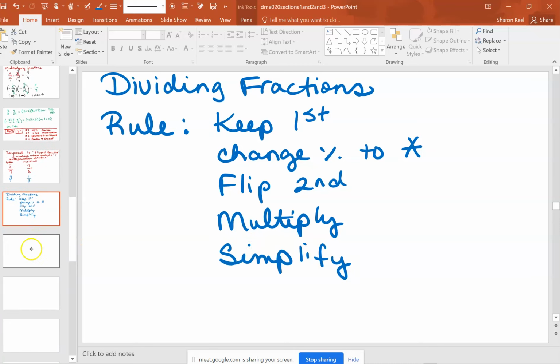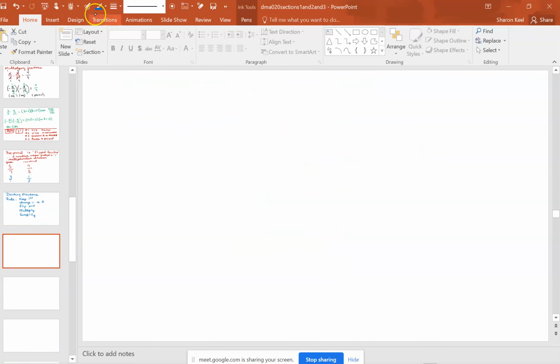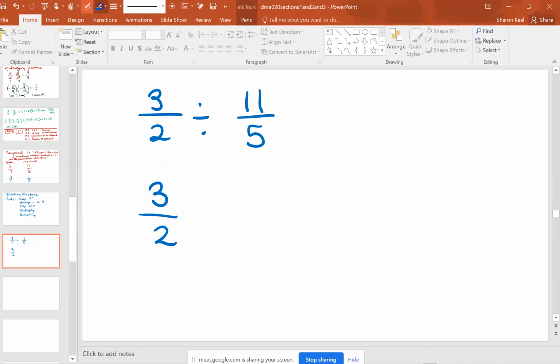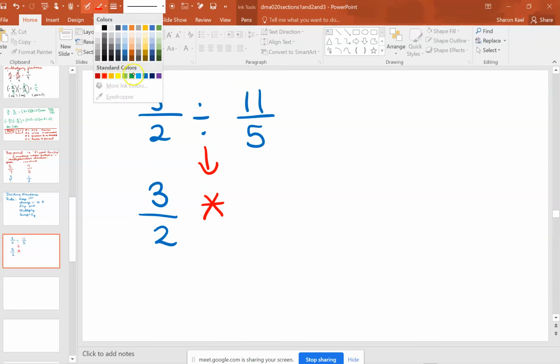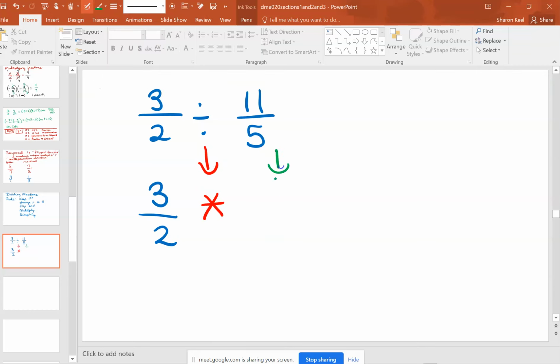So let me give us an example of a division. Let's say we have 3 halves divided by 11 over 5. The first one we're going to keep the same. We are going to change the division to multiplication, and we are going to write the reciprocal.